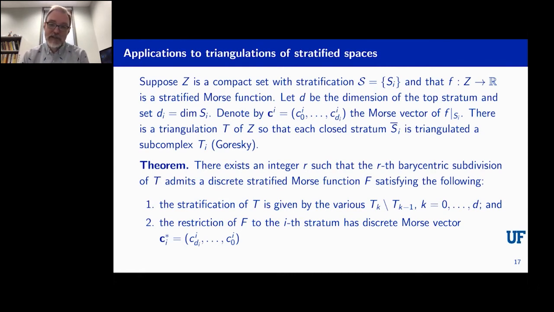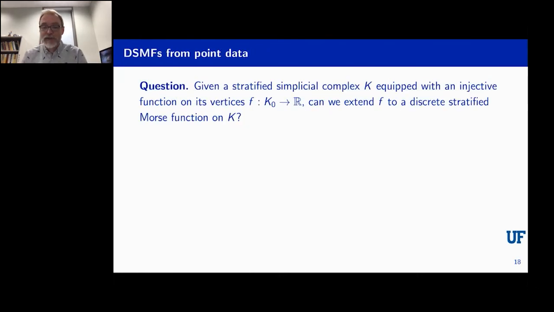The stratification is given by the various Tk minus 1s, and the restriction of F to the ith stratum has discrete Morse vector, well, it's not Ci, it's the dual vector. In other words, I have to reverse the dimensions like this. It's sort of a duality result. So the answer is yes, there is a discrete stratified Morse function that behaves in some way like your stratified Morse function on the stratified set.